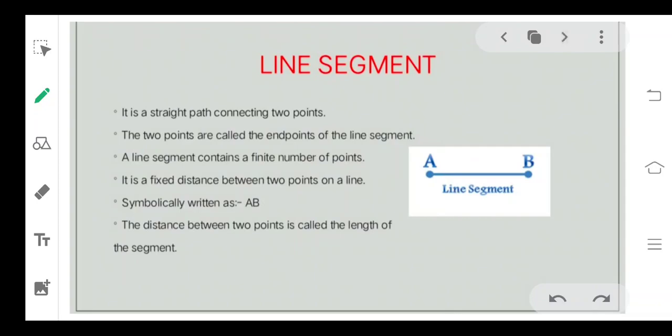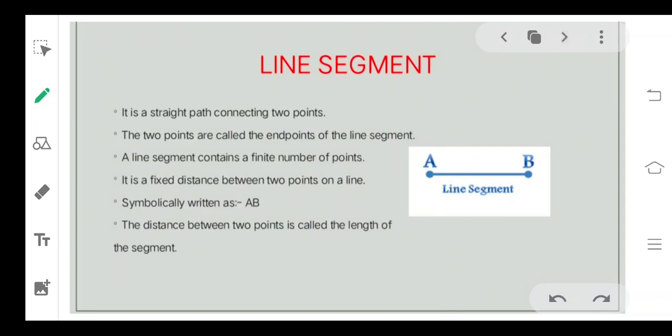Now we are going to learn about line segment. It is a straight path connecting 2 points. The 2 points are called the endpoints of the line segment. A line segment contains a finite number of points. It is a fixed distance between 2 points on a line.